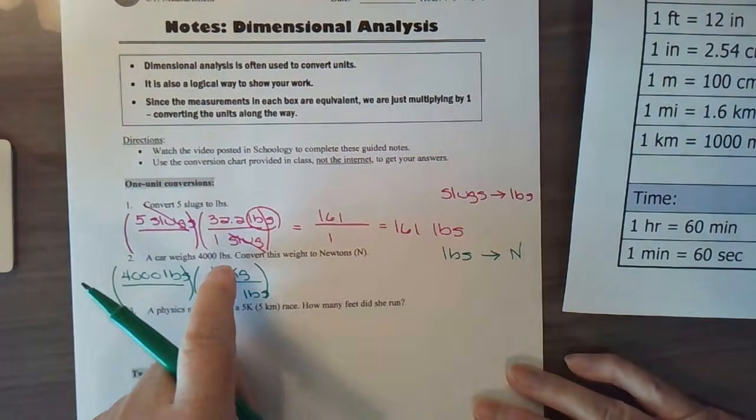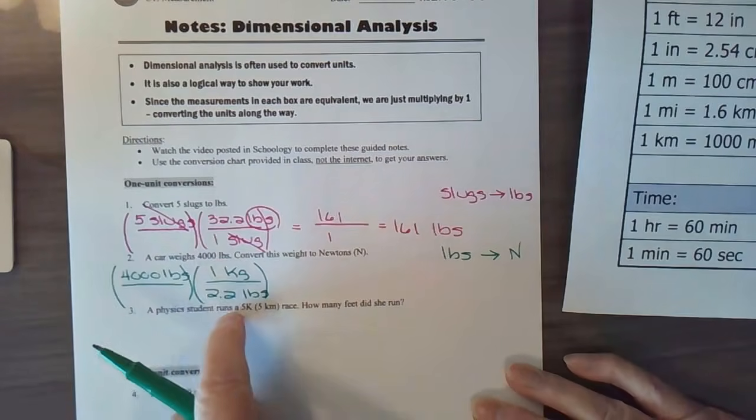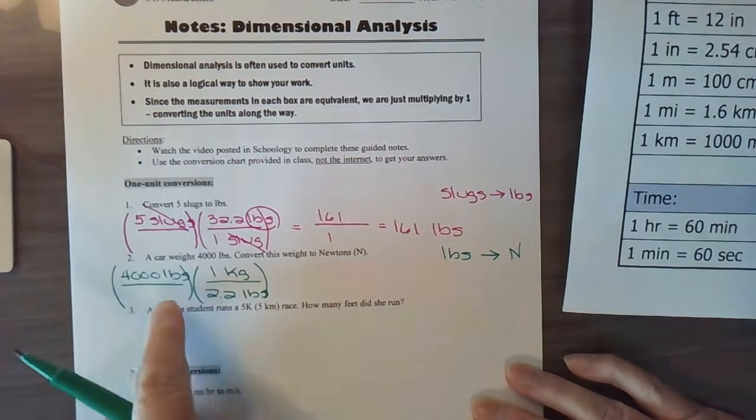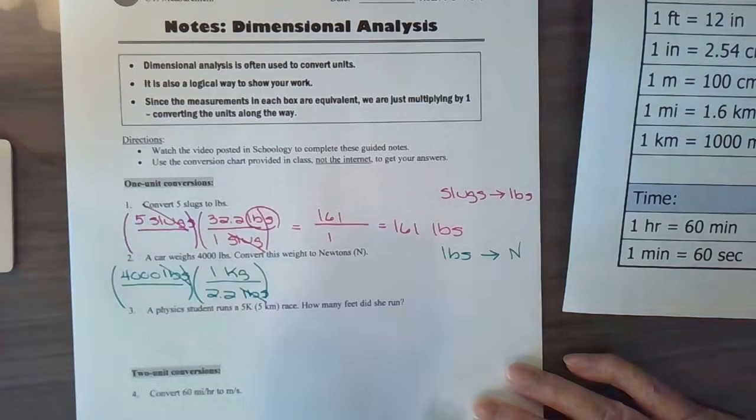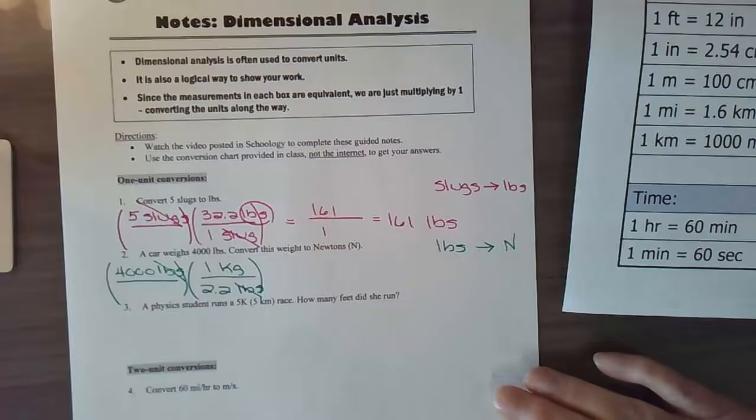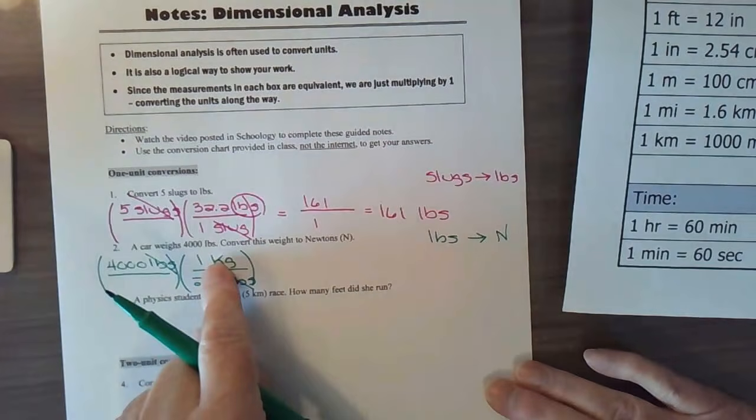How do you know if you put the kilogram on the top or the bottom? You look at this. If you have pounds on top here, you need pounds on bottom here. So they cancel. Now I'm at kilograms.